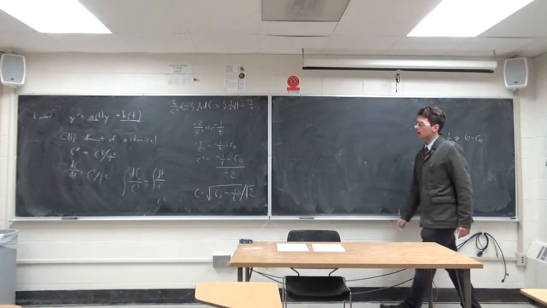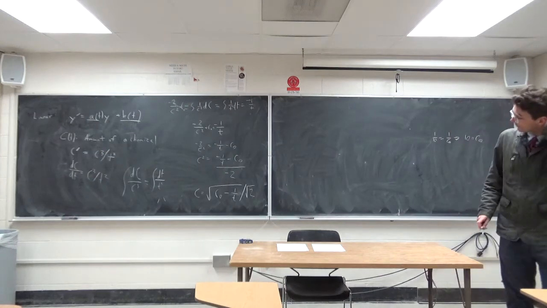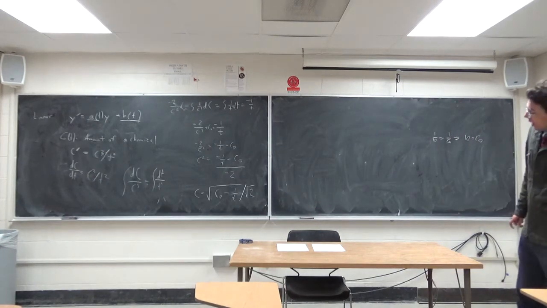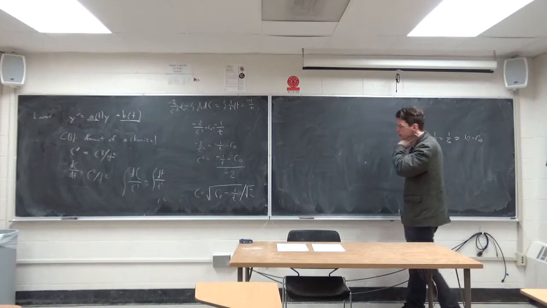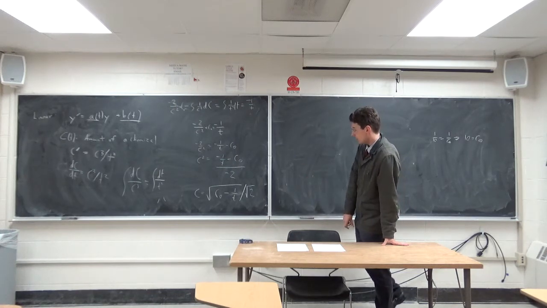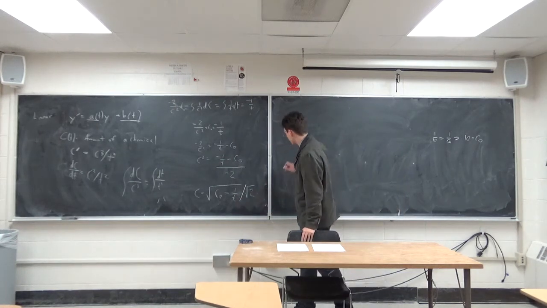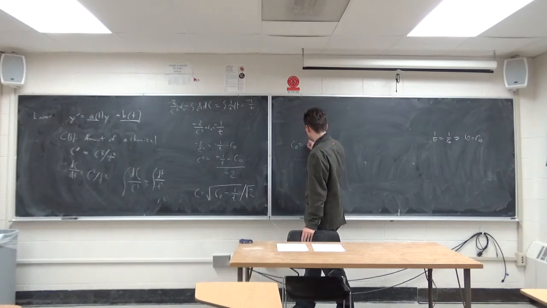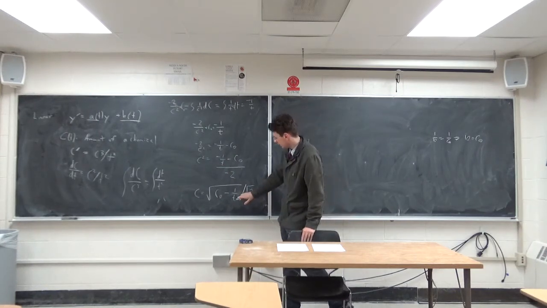Okay, so I have that right there. So what's going on here? Well, again, it's similar to before. What does this look like here? Well, basically, when c naught, when 1 over t equals c naught.